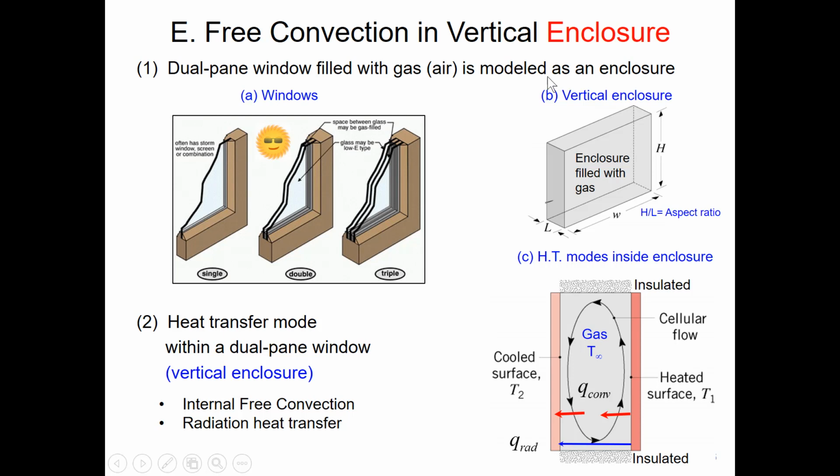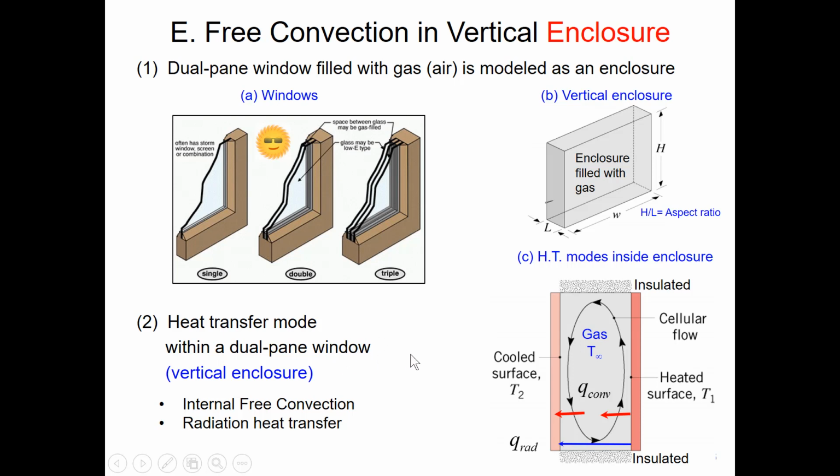First, this is a vertical enclosure filled with gas with length L, width W, and height H. It represents a dual pane window filled with gas like air.